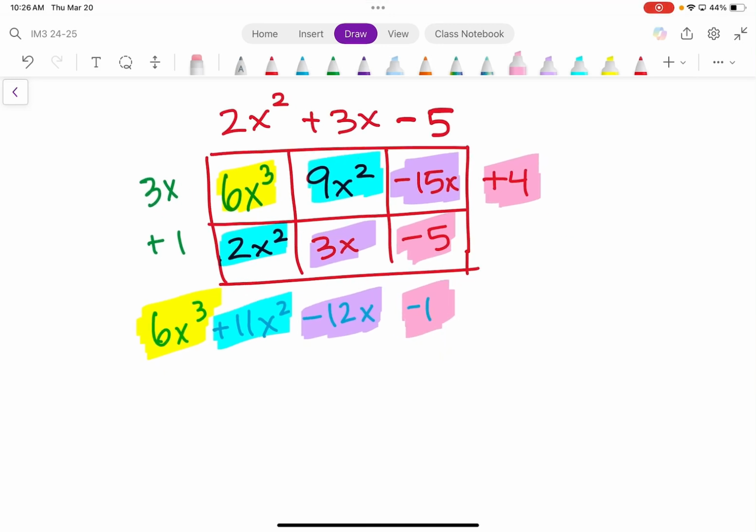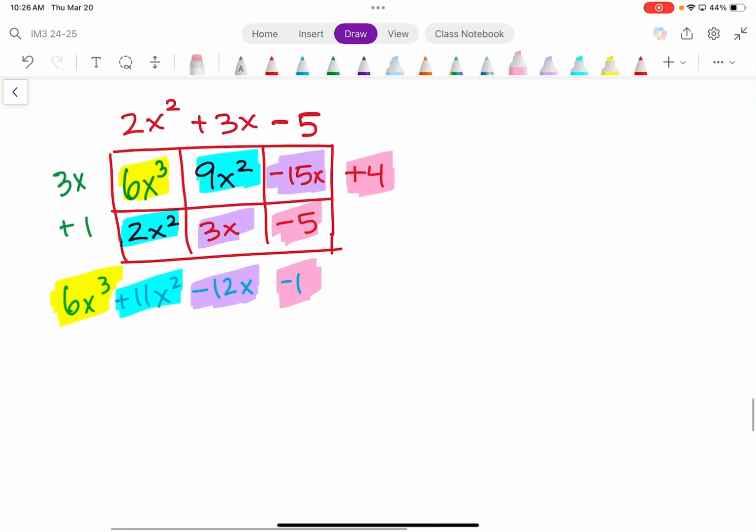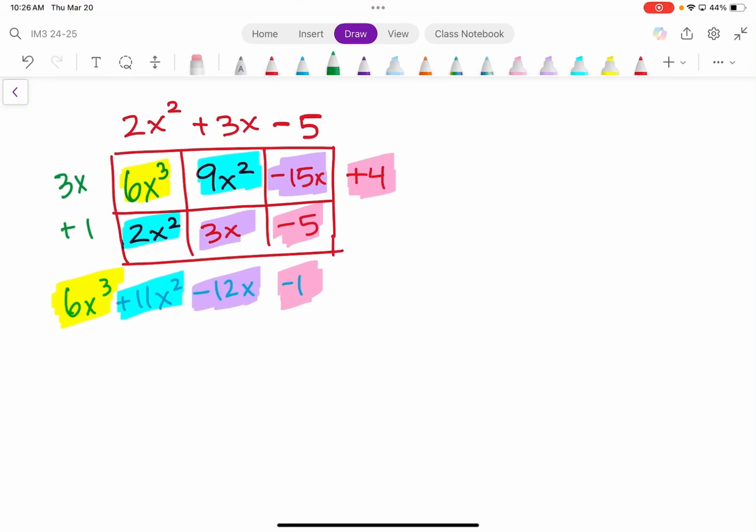So we're done. But here's the thing. We have to write it both as a multiplication and as a division. Let's start with multiplication. Remember that as multiplication, it's factor times factor equals answer.